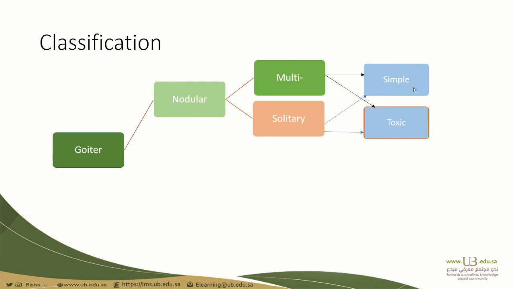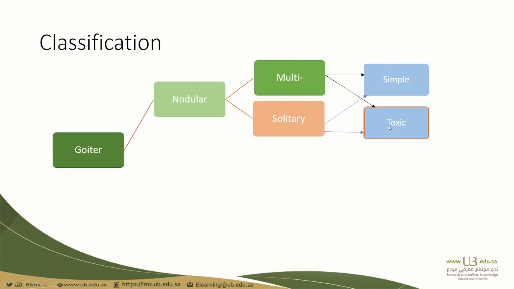We mean by simple that these nodules or this nodule, it doesn't or they don't excrete more than requirements of the body of the thyroid hormone. So that's what we mean by simple.